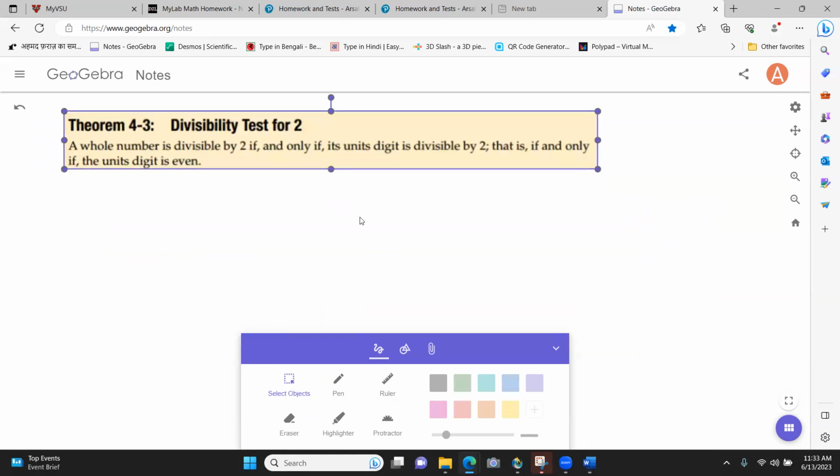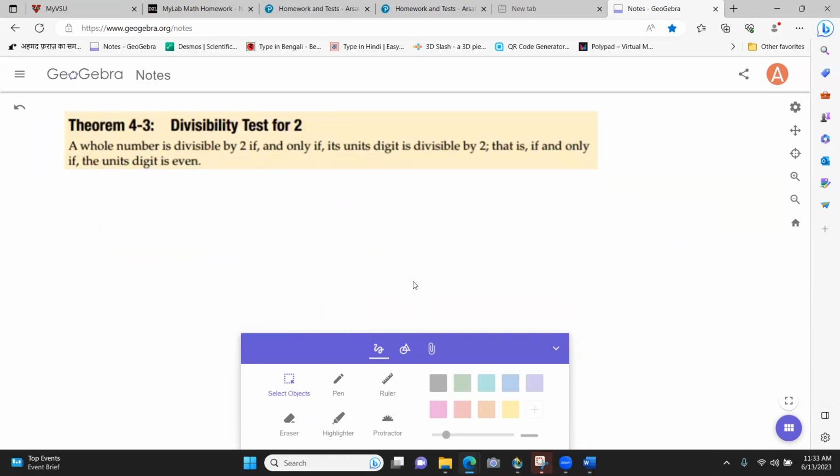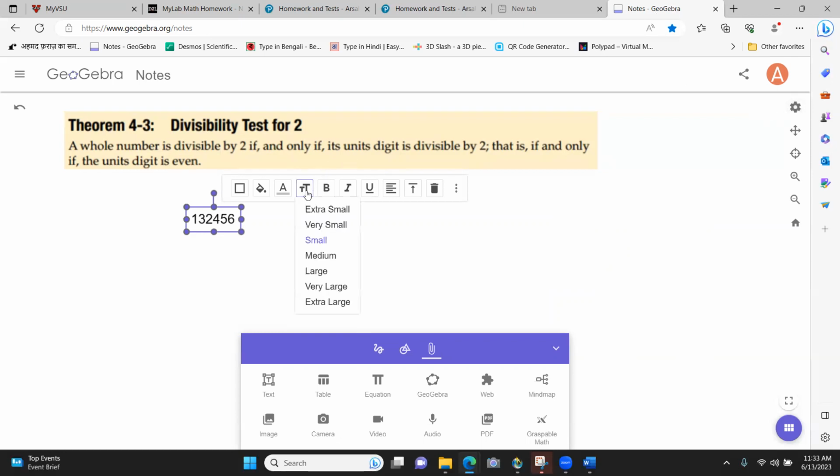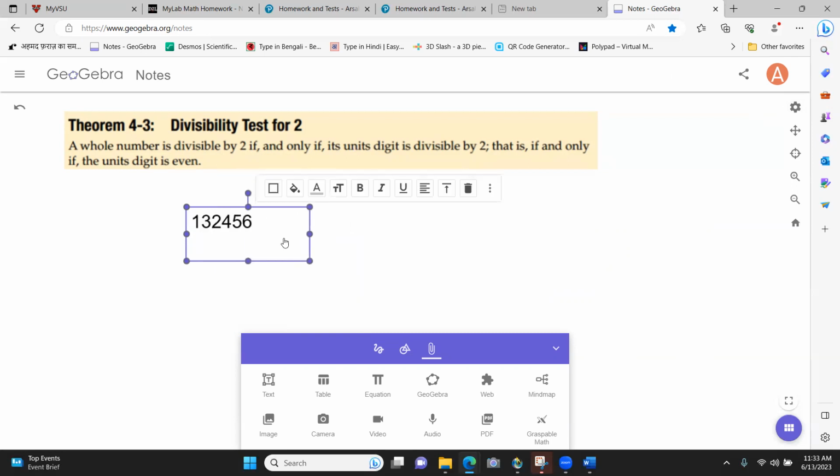A number is divisible by 2 if and only if its first digit, called the units digit, is divisible by 2. I can give you a large number. This number is divisible by 2 because its units digit 6 is divisible by 2.